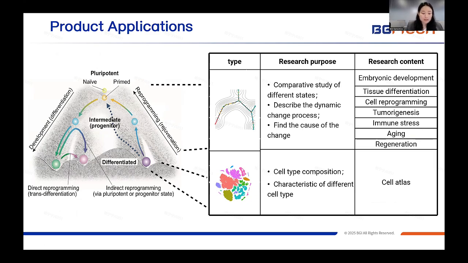We can clarify the cell type composition and the characteristics of different cell types. This is the so-called cell atlas. We can also conduct comparative studies of different states, like healthy or pathological states. Then we can describe the dynamic change process and find the cause of these changes.